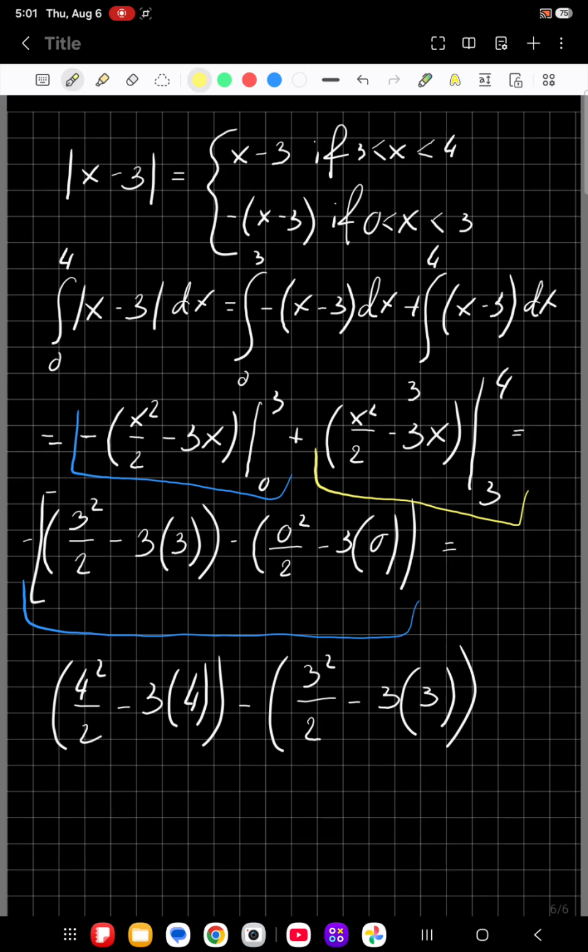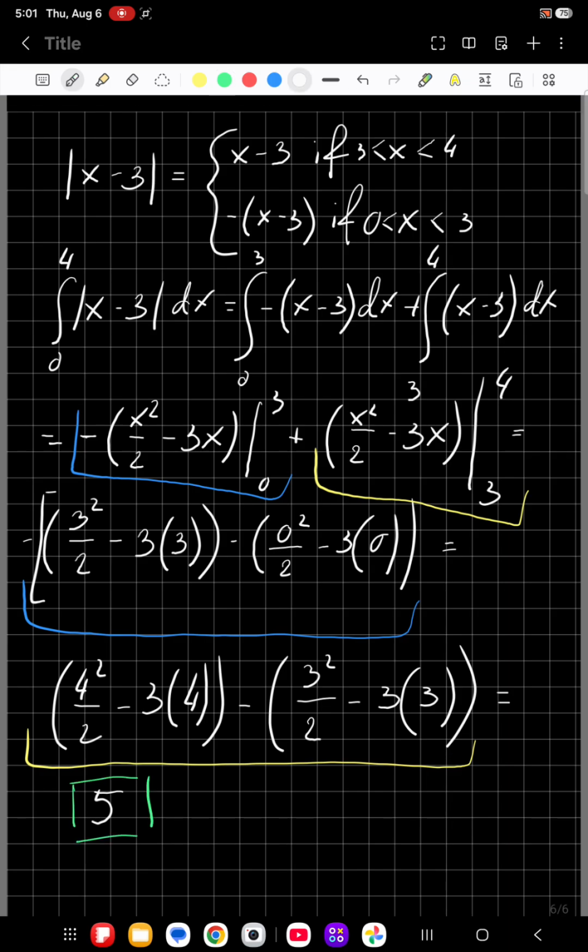I hope I did it right. I hope you guys have the same thing. So what I finally got out of this calculation is 5. So that's the answer.